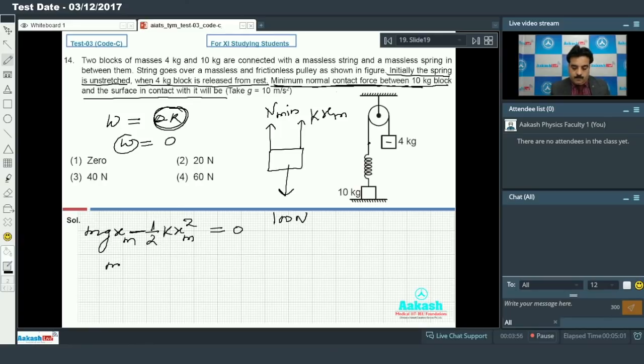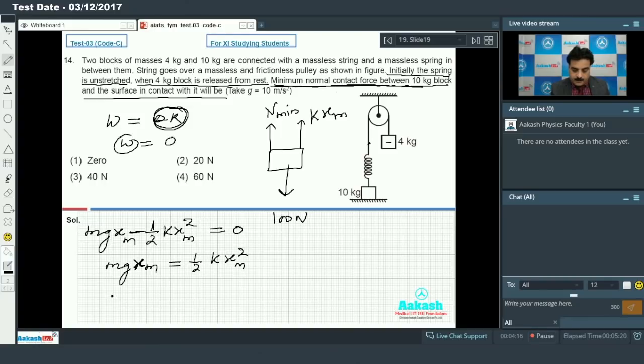So mg x is equal to half k x square, and m, as I said, represents maximum compression or elongation. So now we are going to place the values.